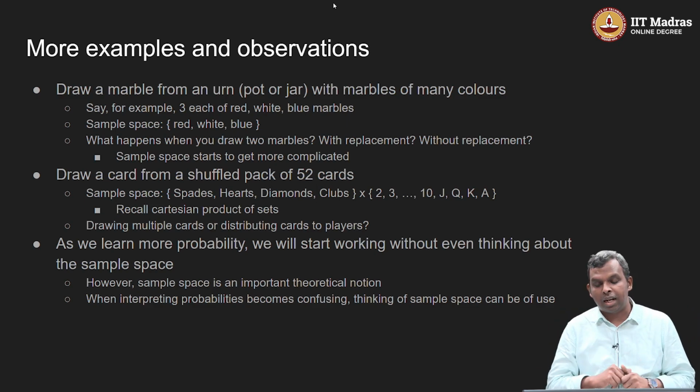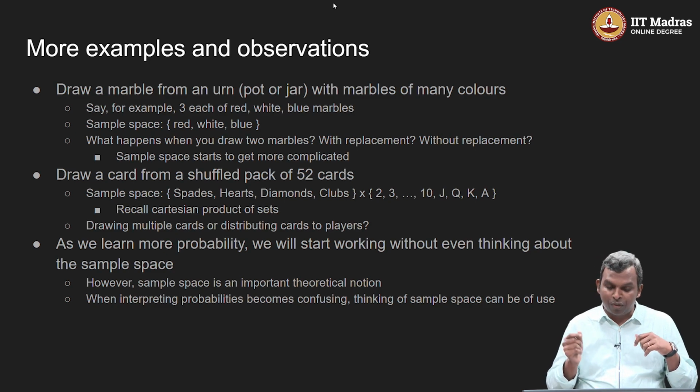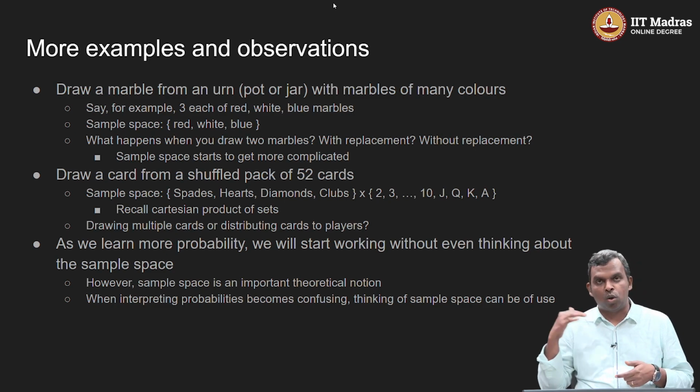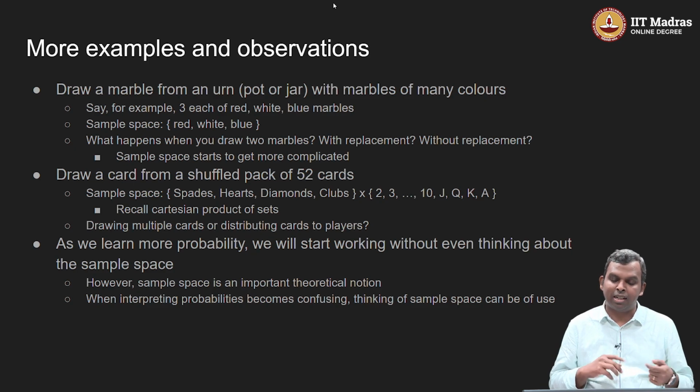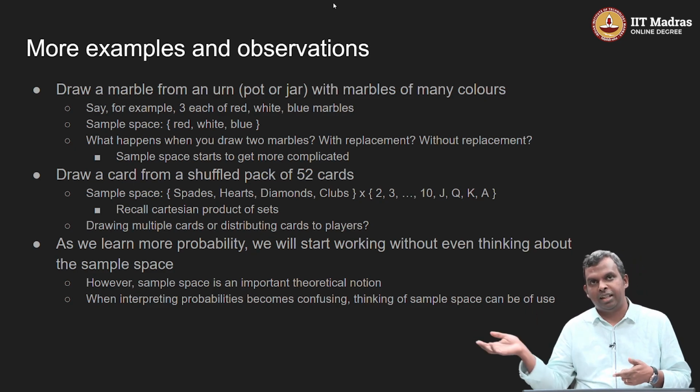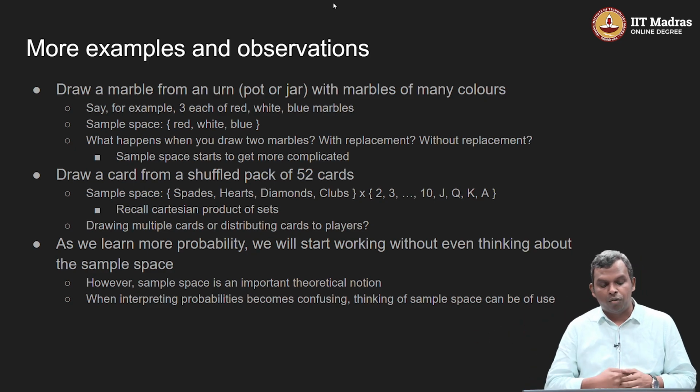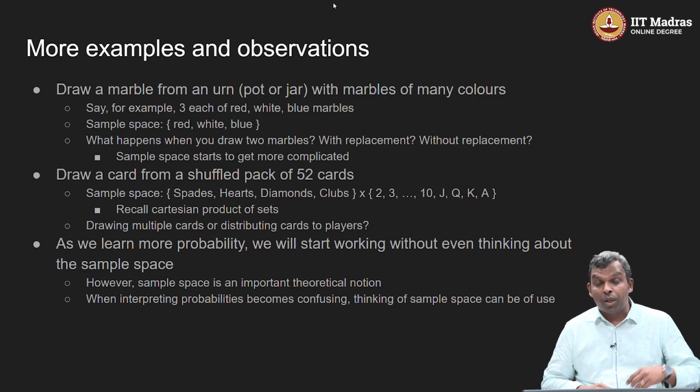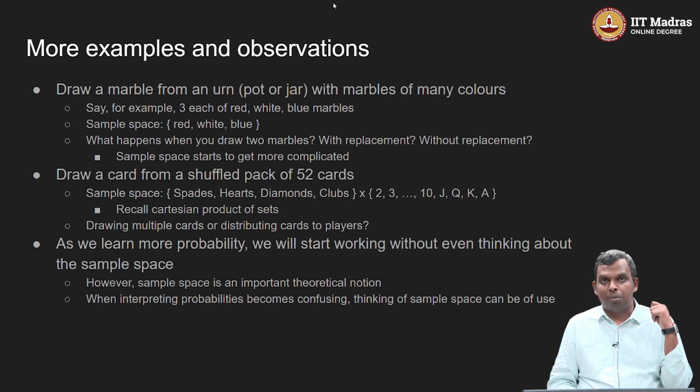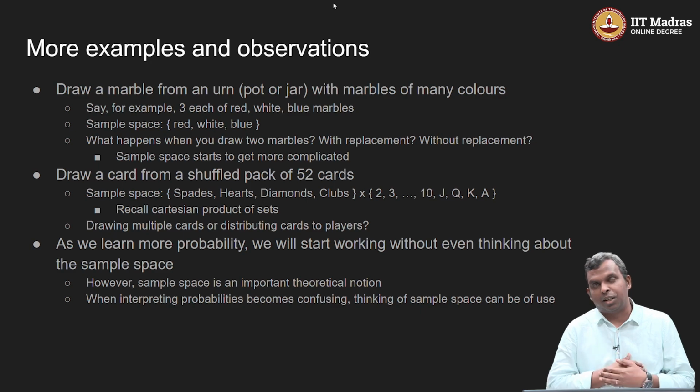So in the 52 cards, there is 2 of spades, 3 of spades, 4 of spades, so on till ace of spades. There's 2 of hearts, 3 of hearts, 4 of hearts, all the way till ace of hearts, etc. So you have these 52 cards. When you draw a card from this pack, let's say a shuffled pack, then the sample space is this set of 52 cards, right?